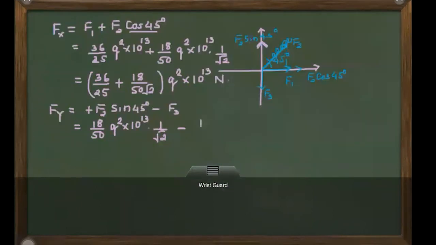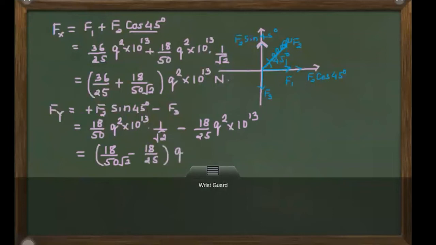So minus 18 upon 25 q square into 10 raised to power 13. So when we do it, we can take 18 by 50 root 2 minus 18 by 25, and then q square into 10 raised to power 13.